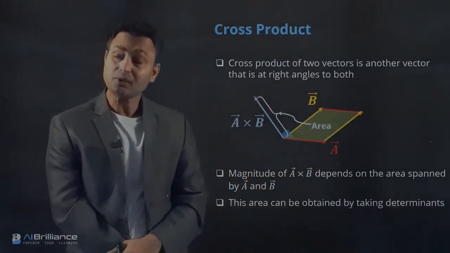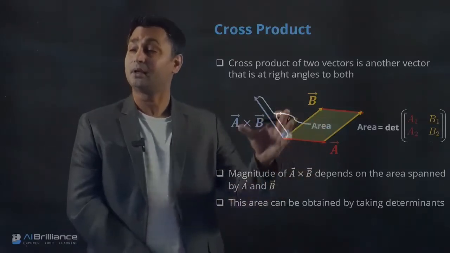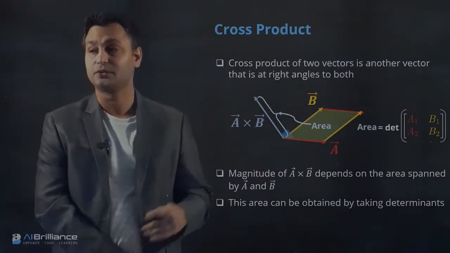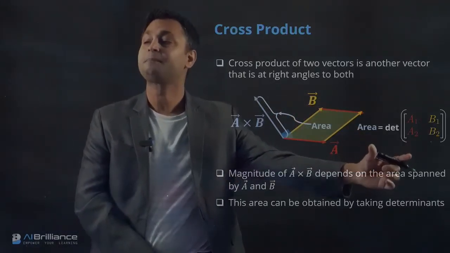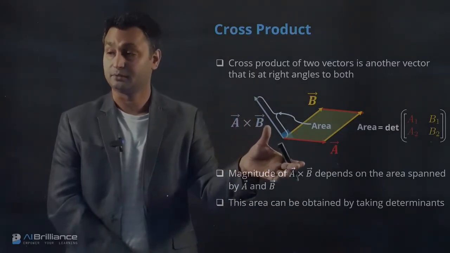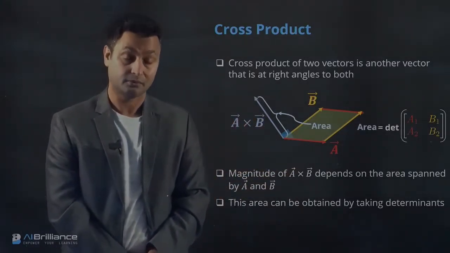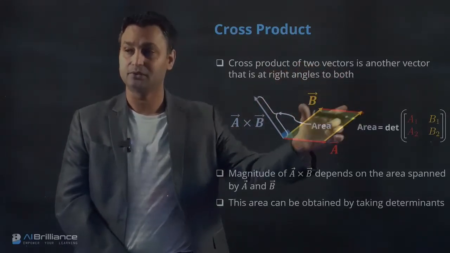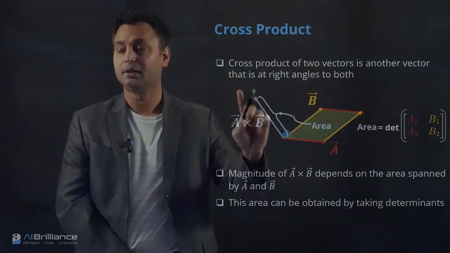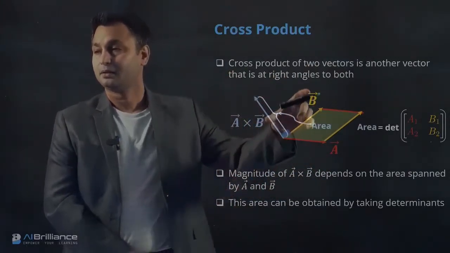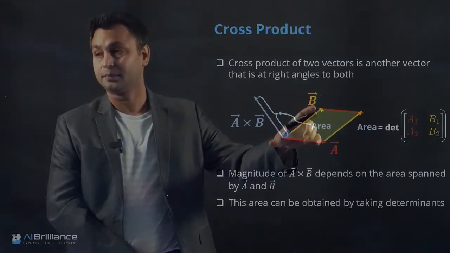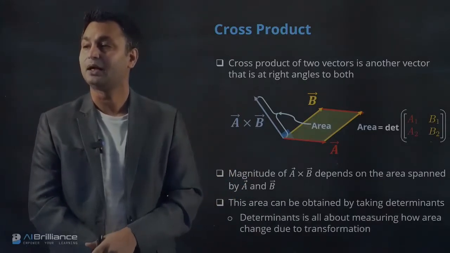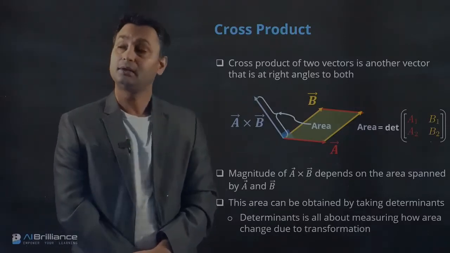Now, it turns out this area of the parallelogram is obtained by taking the determinant operation, and this is something that we discussed in the last class. So if you take A and B, and take the determinant of that, that gives the magnitude of A cross B. So two things are needed for vectors, the magnitude and the direction, and A cross B results in a vector, so that's why you need an area computation and a direction computation, which is denoted by the constraint that it has to be perpendicular to B and perpendicular to A. So let's see how this is connected with numerical aspects.